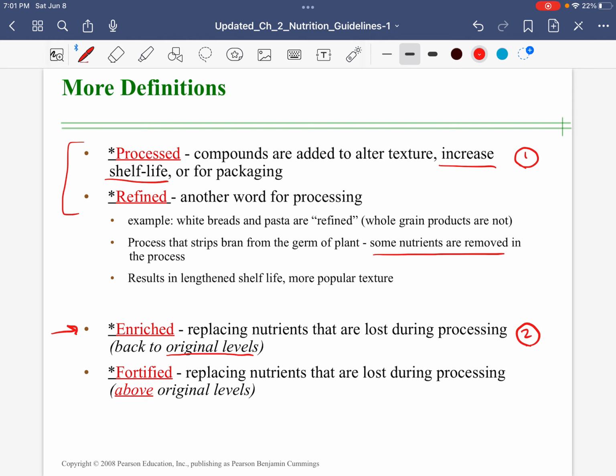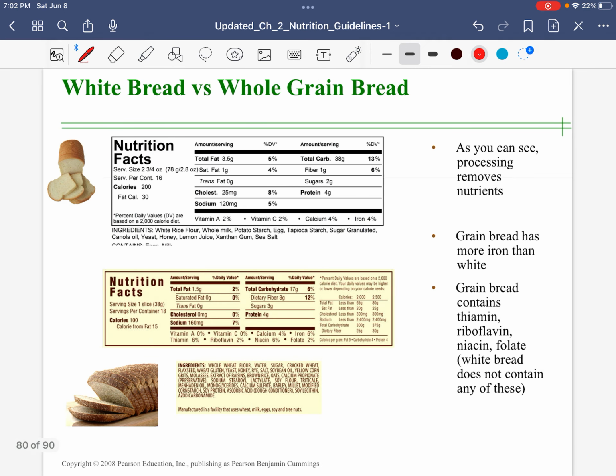They added chemicals and then they replaced some lost nutrients back to how they were to begin with. So it's a play on words that makes it sound really good, but it's really no better. Fortified means that things were lost during processing, but then they added more. They added it above original levels. Please pay attention to these definitions.